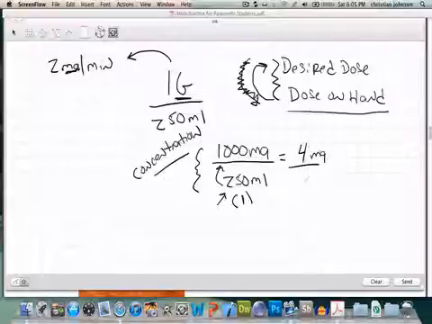So that would leave me with 4 milligrams per 1 milliliter. That's my concentration. I have 4 milligrams per every 1 mL. So if your math problem asks you to find the concentration of it, you're trying to put this bottom number to equal 1, divide these two numbers into each other, and you get 4 over 1. That is your concentration. We have to do that in order to use the mathematical equation that I'm about to throw at you here in a second.